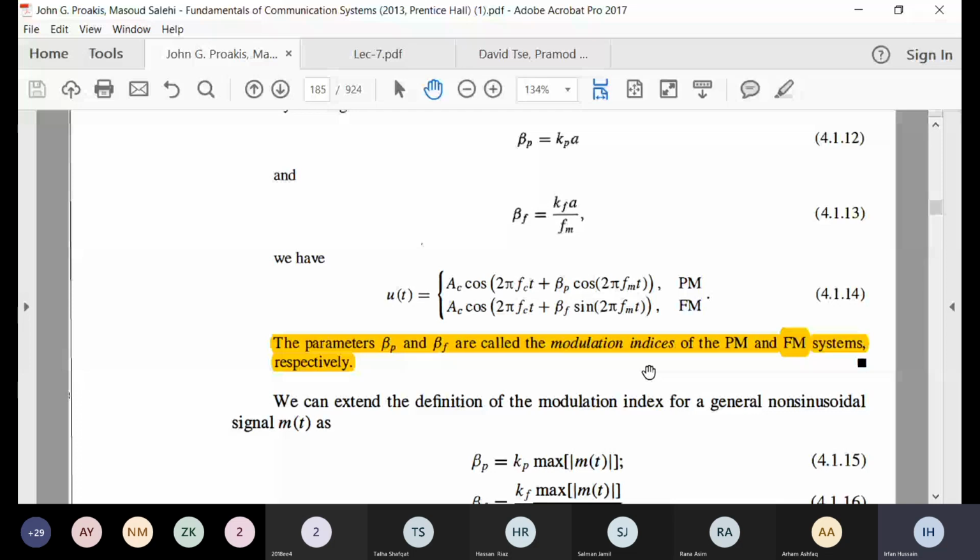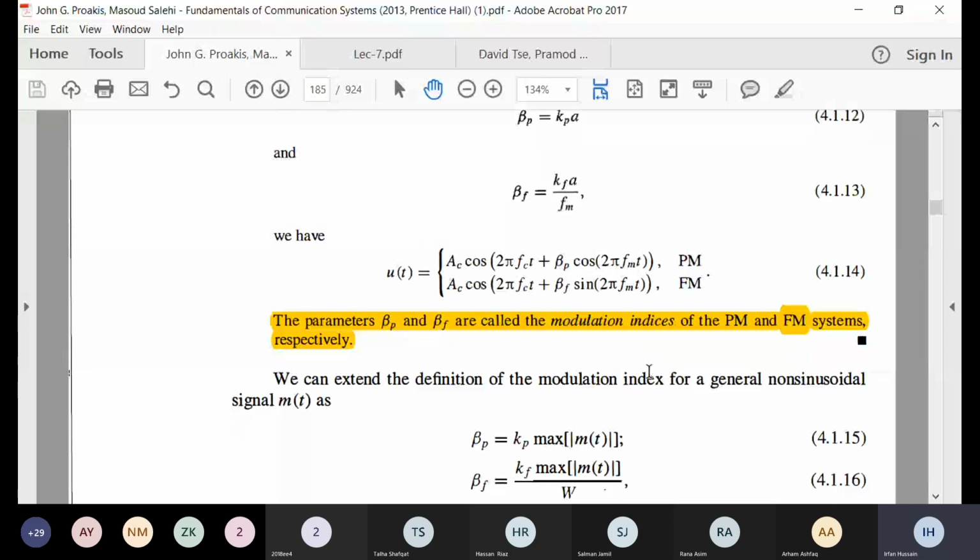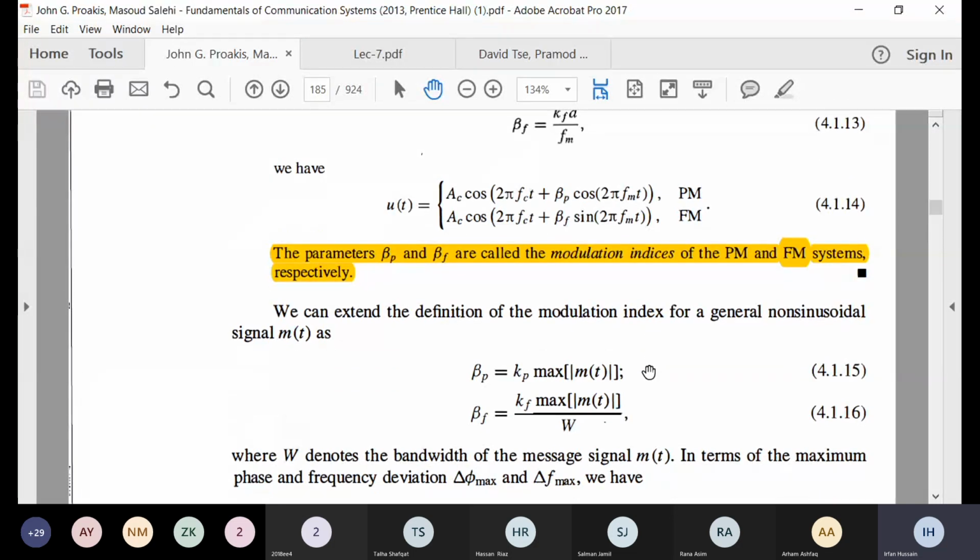You can also write beta p and beta f for other non-sinusoidal signals, where we have a baseband signal which has some bandwidth. In that case, beta p remains the same, kp into the maximum of m(t), and for beta f the numerator is the same, kf into the maximum of m(t), which was A. Here it will be whatever the signal's maximum is.